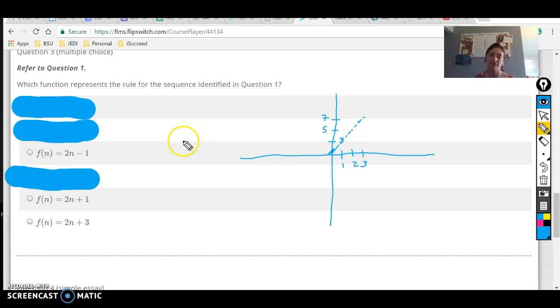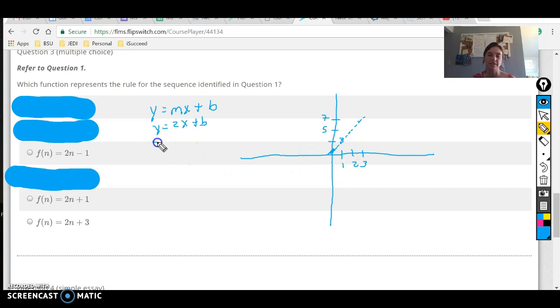And the way I can figure that out, I know I have a slope of 2, so I've got y equals mx plus b, and I know that m equals 2. And I have several values of x and y. For example, I know that I have a point at 1 and 3.